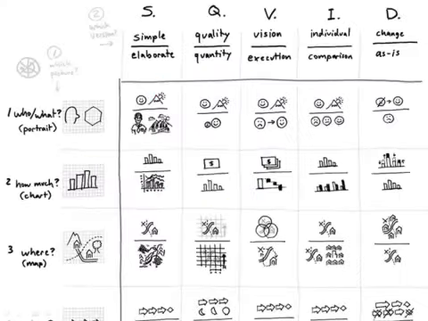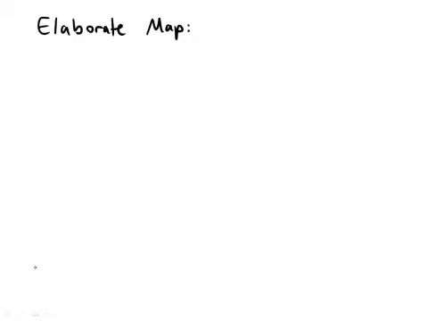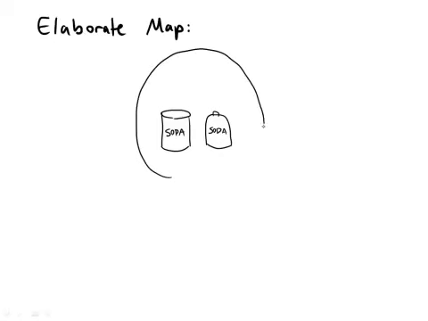Well, let's say that that's not enough. That's not showing us enough. So what we want to do is make an elaborate map. Let's now make a more elaborate map. Let's say that this in black is the soda market between ourselves and our competitor. And the market space is here for soda.